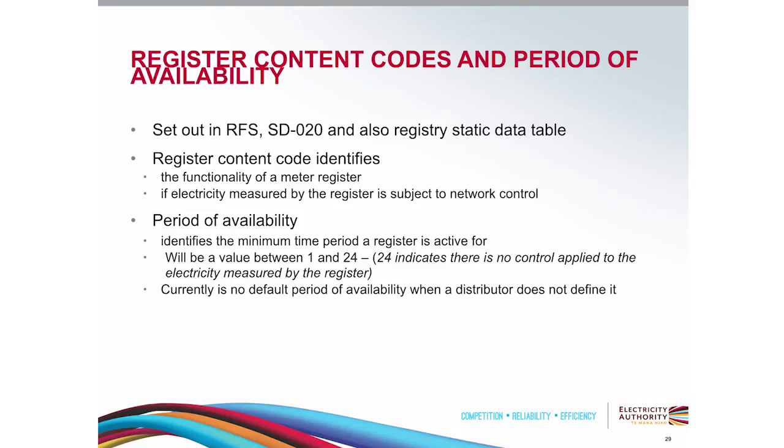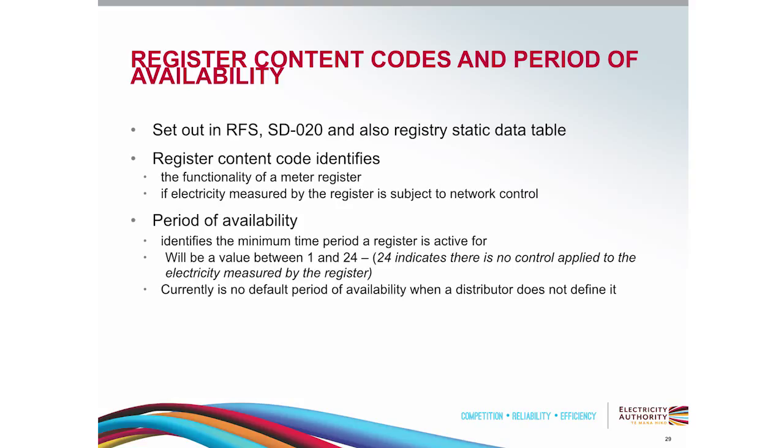Inclusive just means that the meter register is recording controlled and uncontrolled consumption going through it. So you would expect to see IN there, but then for the period of availability, you would expect to see the minimum number of hours that the controlled supply is available for. Not 24. IN 24 is not a legal combination.